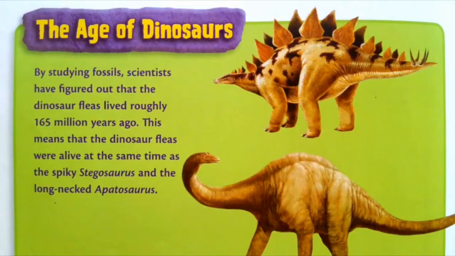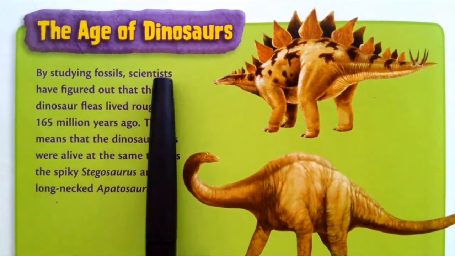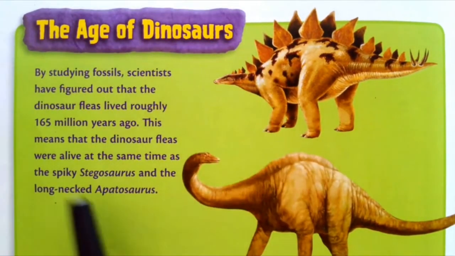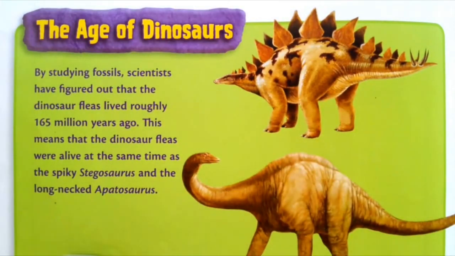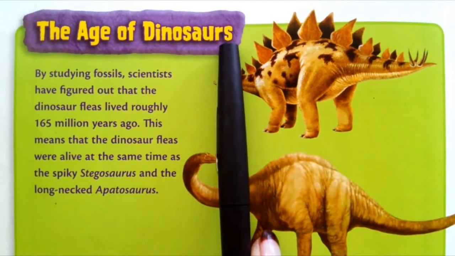Always using keywords for key details, we're trying to find out, how do scientists know that there were fleas around the time of the dinosaurs? Let's see if we can find any other important information. By looking for keywords from that question, fossils and scientists, I noticed this extra detail on page 6, the age of dinosaurs.